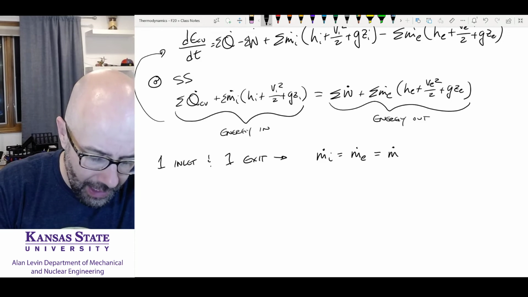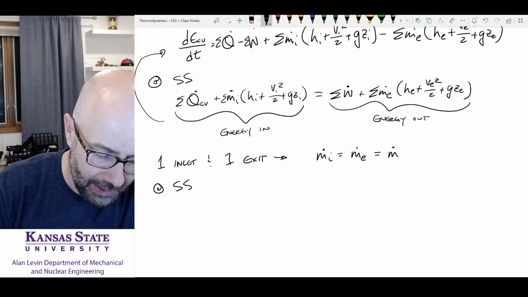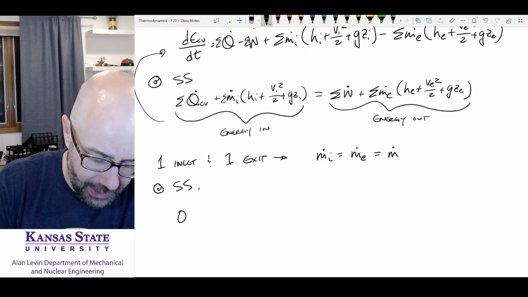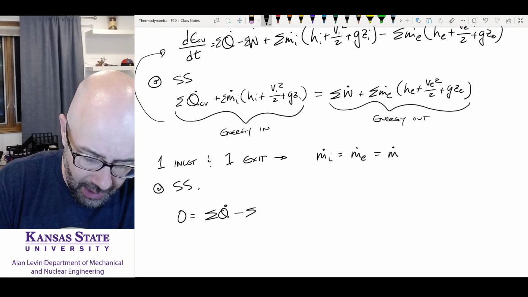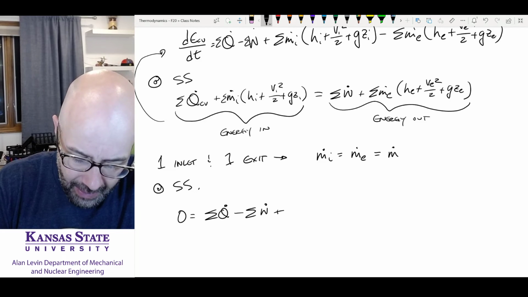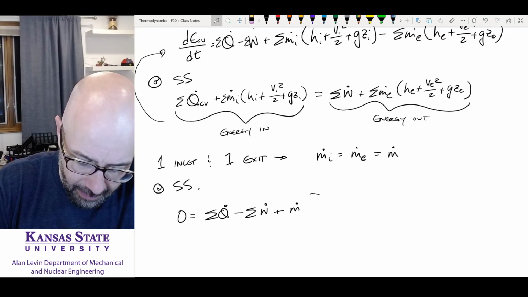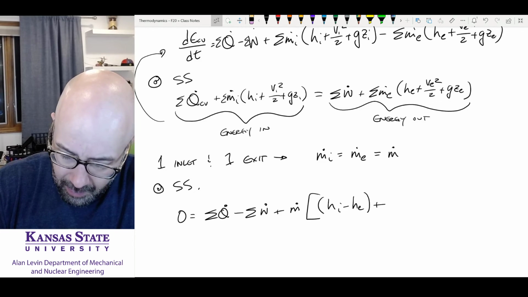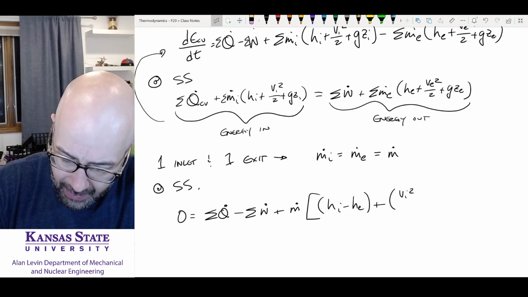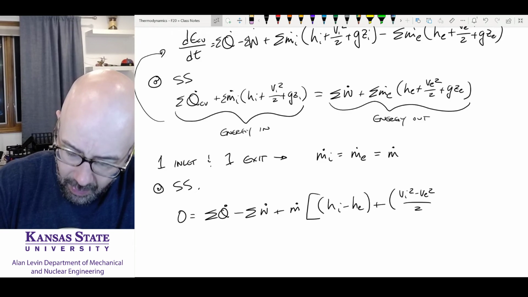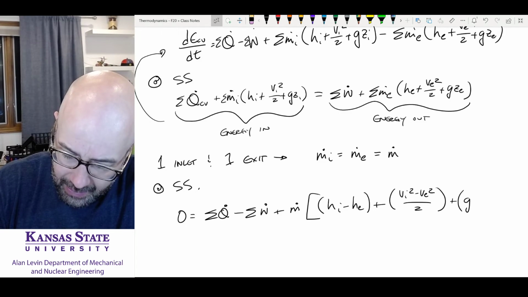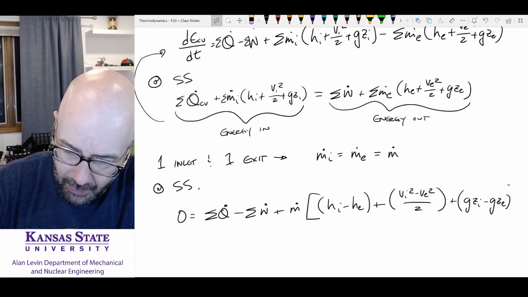And so here, if we also deal with steady state, we can say that 0 is equal to the summation of our heat transfer minus the summation of our power plus the mass flow rate times H in minus H exiting plus V in squared minus V exiting squared all over 2 plus g z entering minus g z exiting.